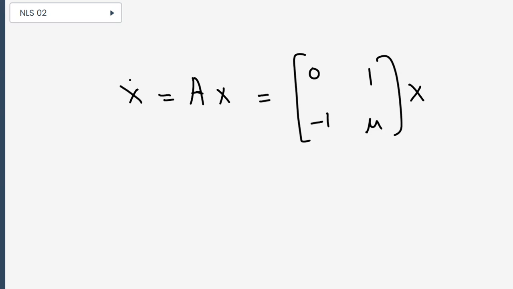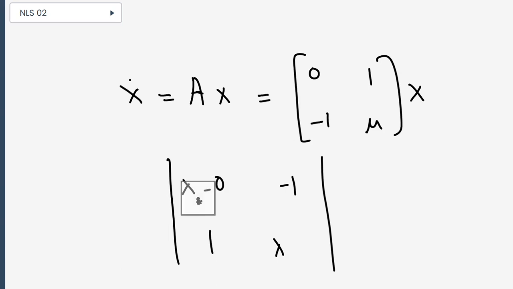The eigenvalues come from lambda I minus A, that is lambda I minus [0, 1; minus 1, mu], which gives lambda times (lambda minus mu) plus 1 equal to 0.